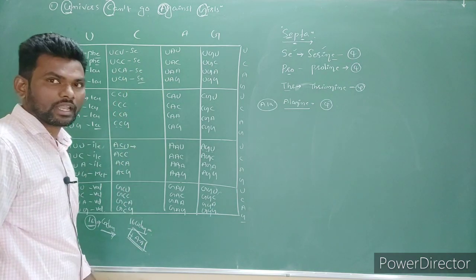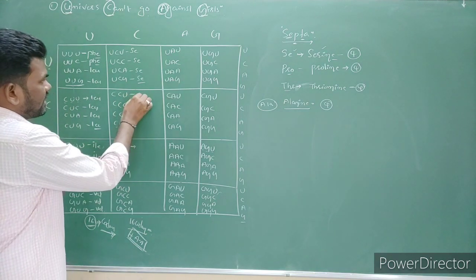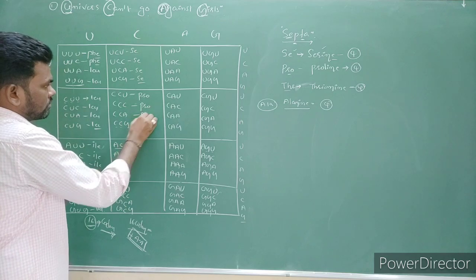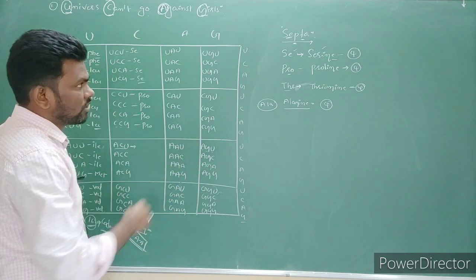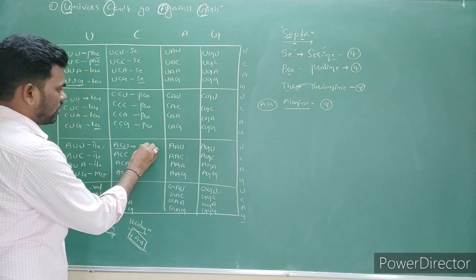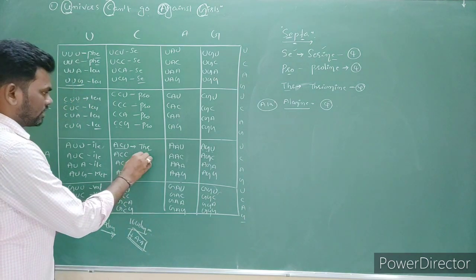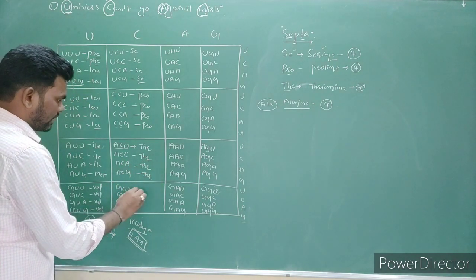It means serine. Next column, all are PRO, proline, right? And the third column is what? THR, threonine, THR, threonine, THR, right?